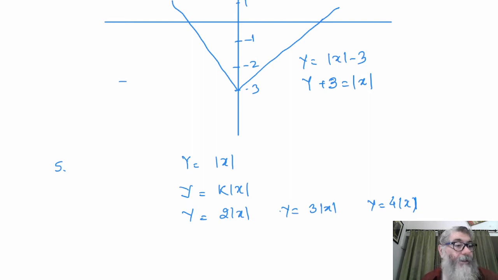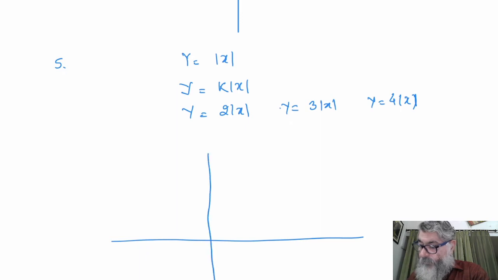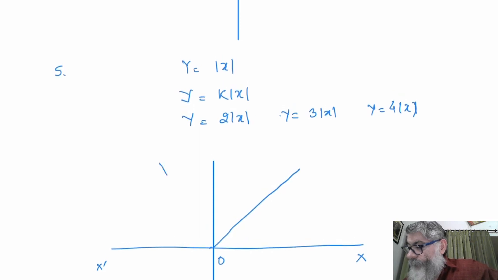So we are multiplying by k which is greater than 0. Now suppose in this, this is the curve y is equal to modulus x.